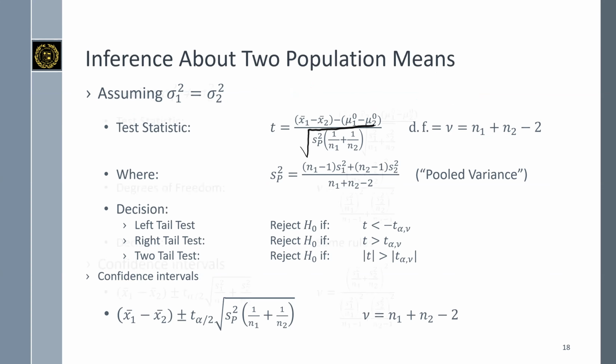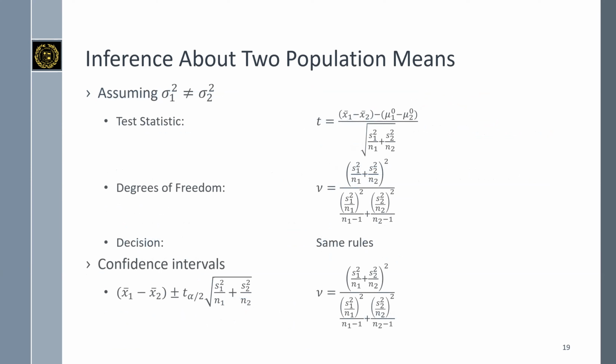Okay, now if we assume unequal variance, this means that we rejected the null of our F-test. Now, our test statistic looks different. It's the difference between mean 1 and mean 2, minus the population mean difference, which we still get from the null hypothesis of our 2-sample t-test.